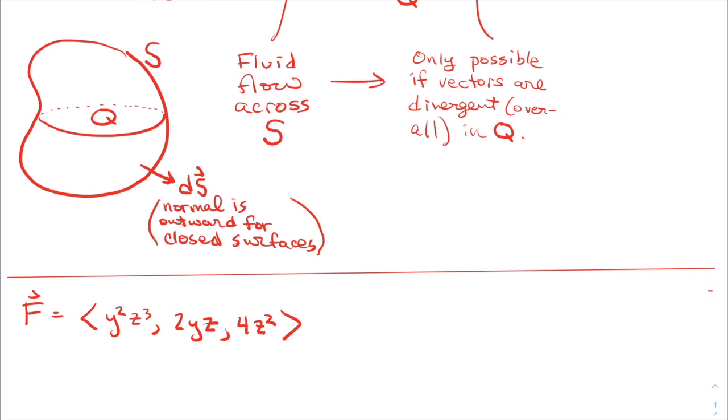And the surface is going to be basically the boundary of z equals x squared plus y squared, so that's a paraboloid, and z equals 9.